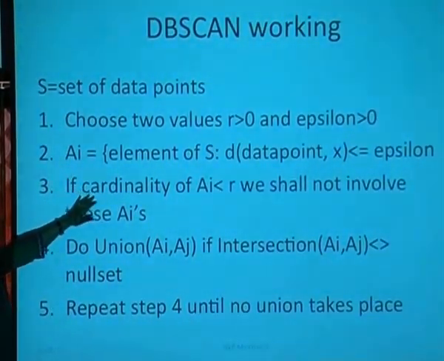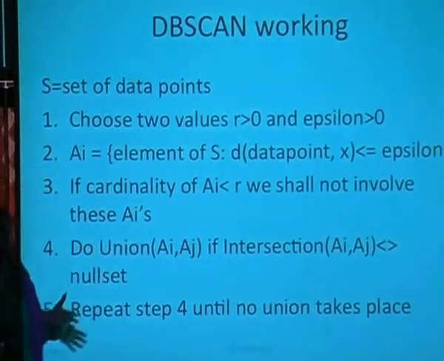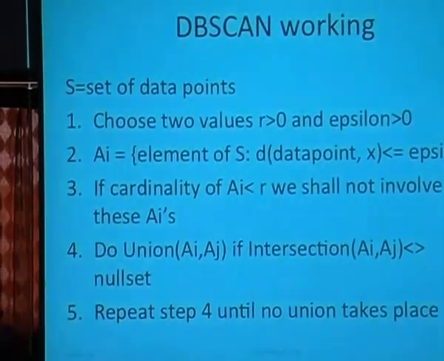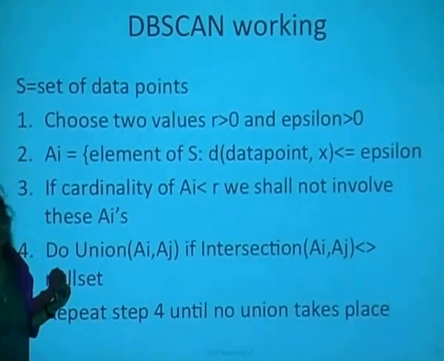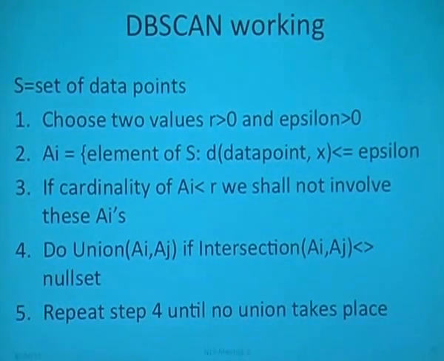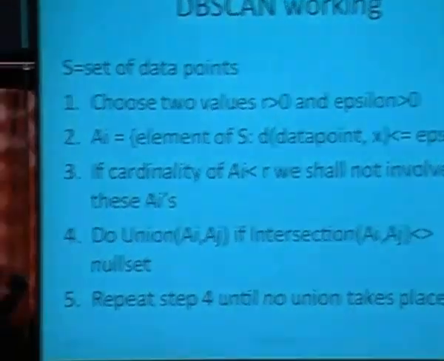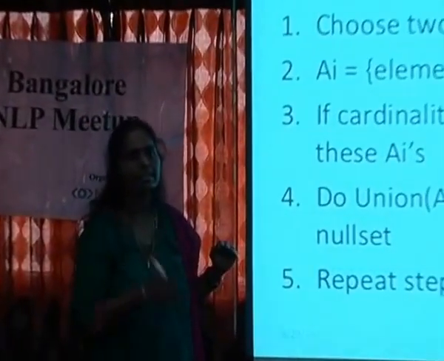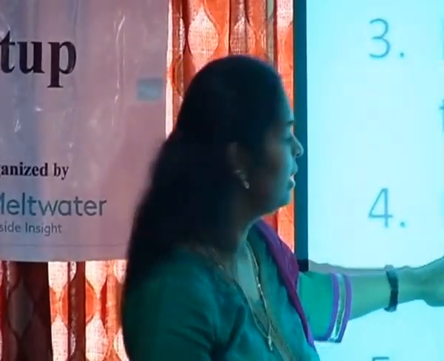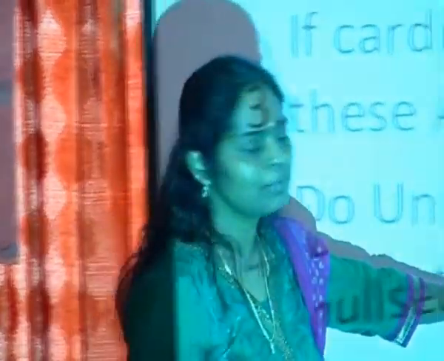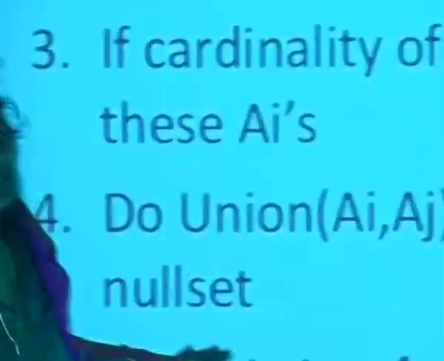I then find the cardinality of Ai, the number of points sitting inside my cluster Ai. If it is less than the minimum, we shall not involve them here, which means they belong to another cluster and are not part of the current cluster which I am calculating. And how do I start doing the overlap? Do the union of Ai and Aj if the intersection is not an empty set.